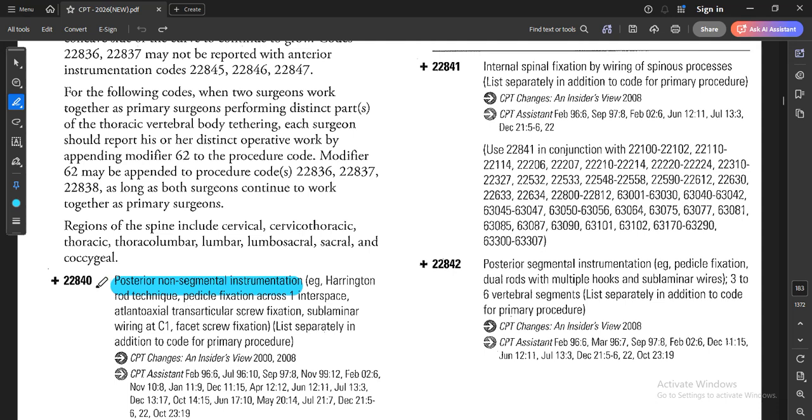Harrington rod technique, 22840. Pedicle fixation across one interspace, 22840. Atlantoaxial transarticular screw fixation, 22840. Next, 22842 here is only wiring of the spinous process, which is 22841.